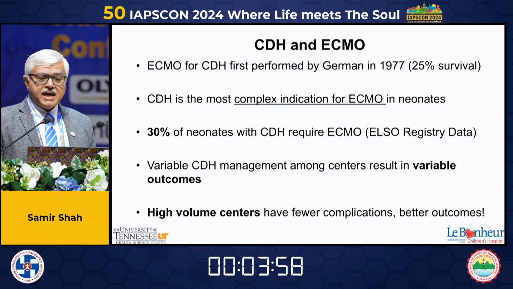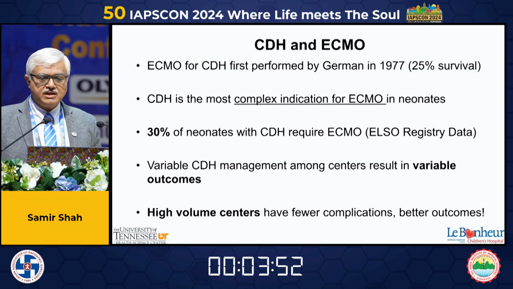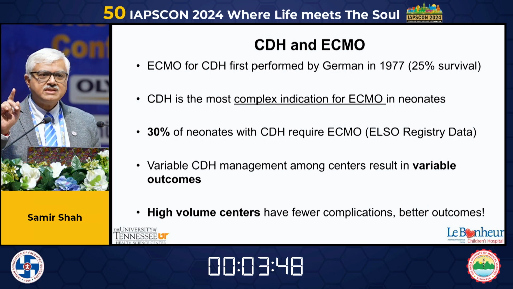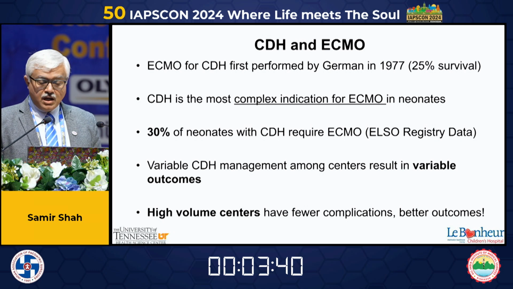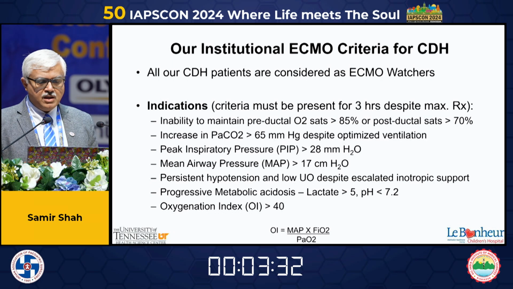CDH management among centers is variable, and as a result, the outcomes are similarly variable as well. High volume centers, defined as those that do more than 10 ECMOs for CDH, have fewer complications and much better outcomes. Not to say that low volume centers don't have good outcomes, but typically it's the high volume centers that actually do make a difference.